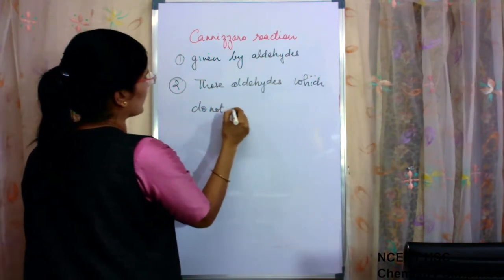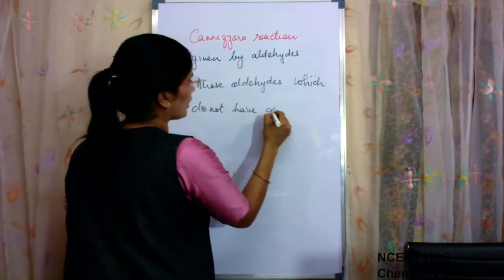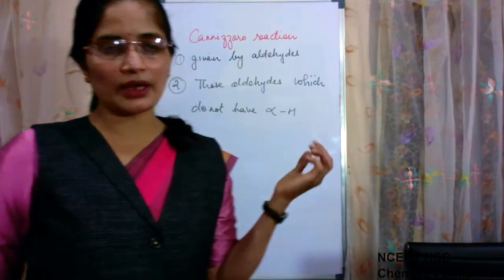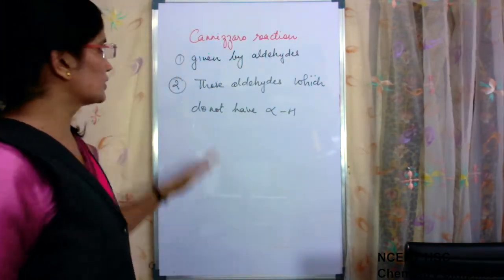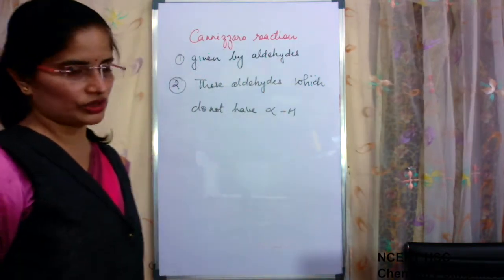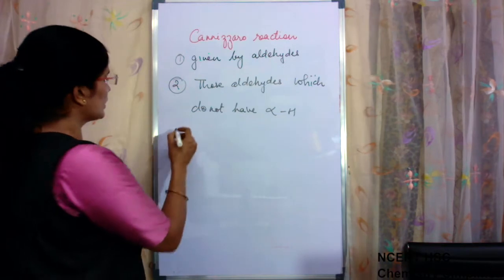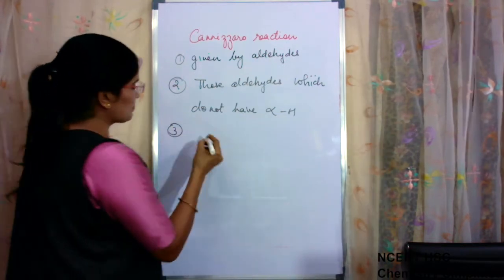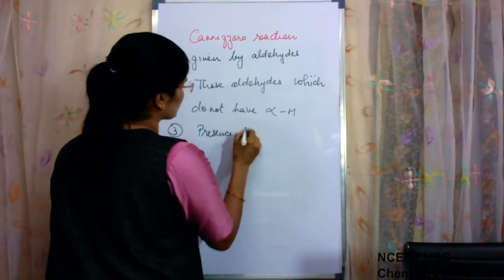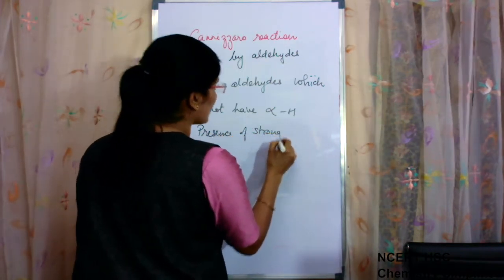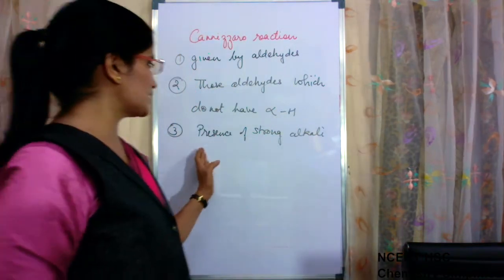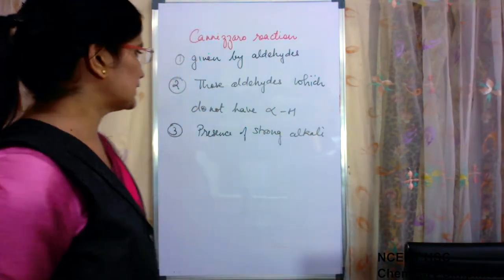Aldol was given by those who have alpha hydrogen. Cannizzaro reaction is given by those who don't have alpha hydrogen, the opposite of it. Third condition, it takes place in presence of strong alkali. That was taking place in dilute alkali. This takes place in strong alkali.